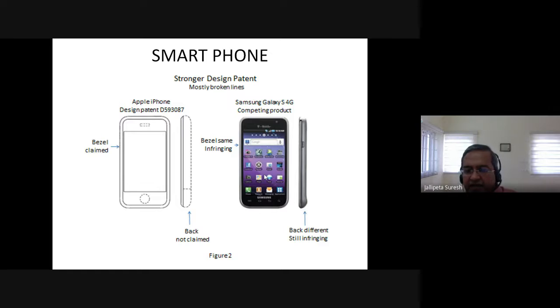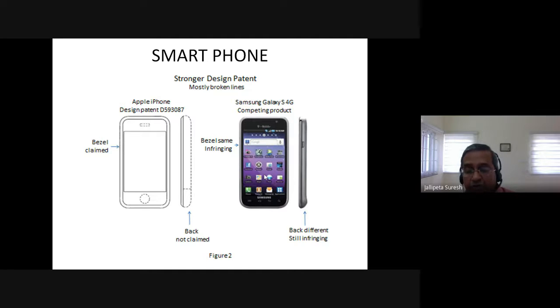Then ultimately, the court awarded, rather in the US, the jury awarded them about $540 million in damages against Samsung. Then ultimately, in 2012 or 13, Apple and Samsung entered into an agreement and a settlement.